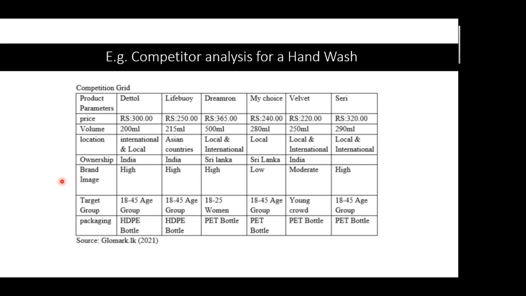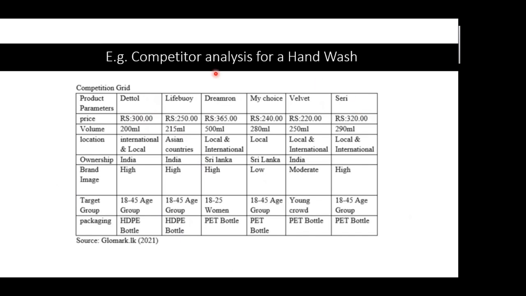And when you use the competitor analysis, you can use this type of a model as well. Now here, what you see on the screen is a competitor analysis for a hand wash. So they are producing a hand wash and they are comparing the other hand washes available in the market, like Dettol, Lifebuoy, Dreamron, My Choice, Velvet, Sari.